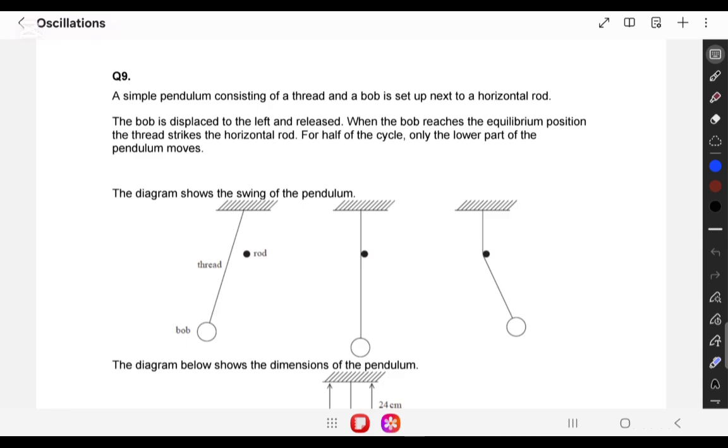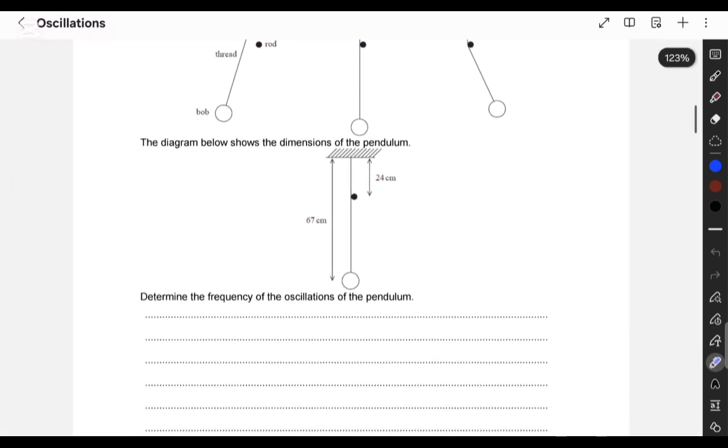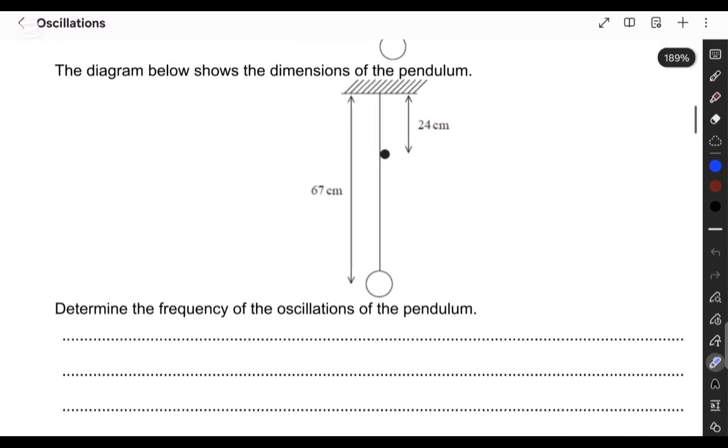For half of the cycle, only the lower part of the pendulum moves. So this entire thing is going to be moving in this direction, and then the upper area will get stopped, and only the lower length of the thread will move forward. Now we have the diagram, and they've given us some values.